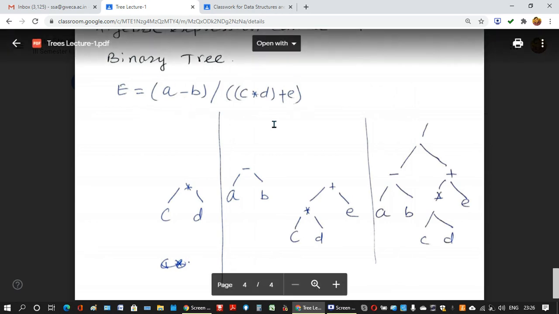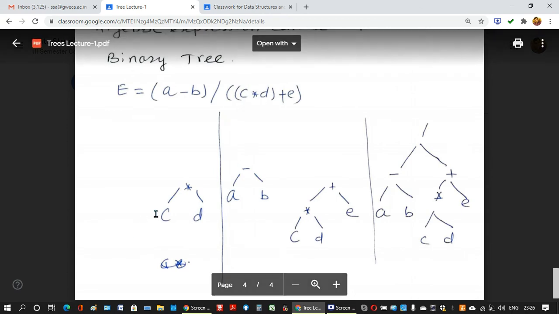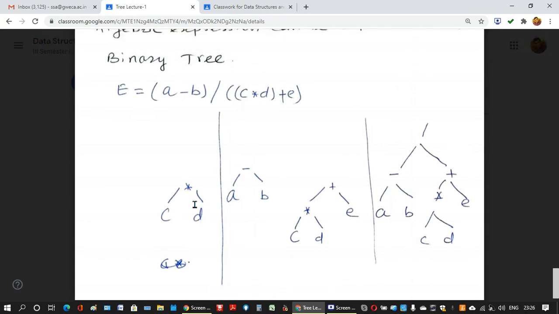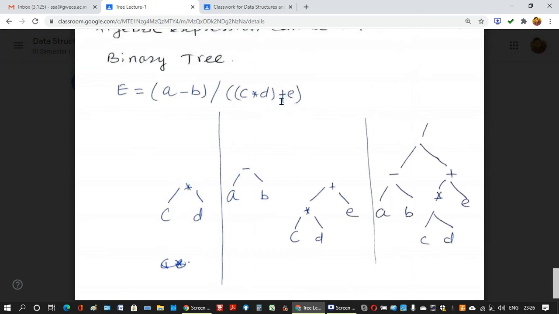So in this expression, C multiplied by D will be solved first. So C is one operand, D is another, and multiplication is the operation. Then this is in closed brackets. So A minus B is also an operation which will be performed first. And here the result of C multiplied by D will be added to E.